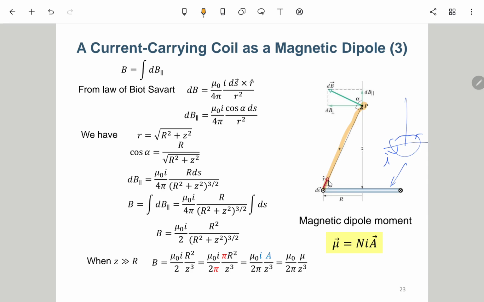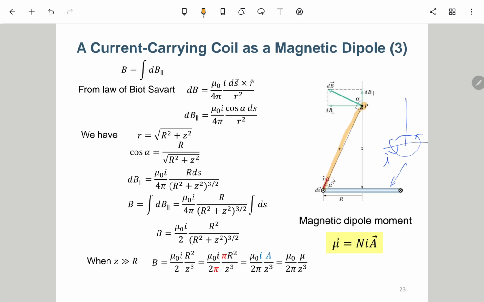Okay, so this is r hat here. Mu naught over 4 pi I is a known variable, and ds is this one, r hat is this one, and over r squared is the length of this part. So here dB, this is the magnitude.